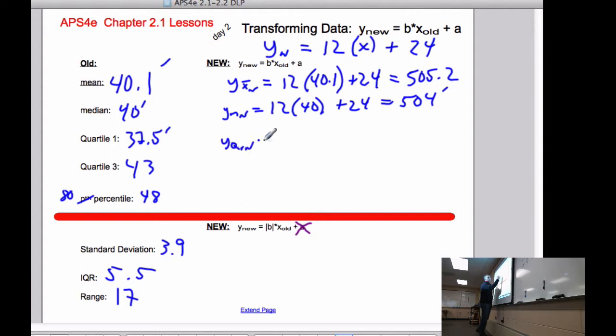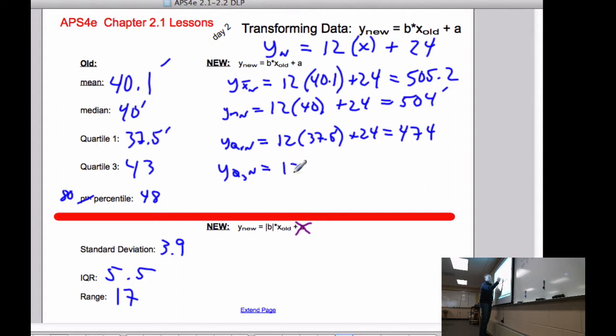Okay, so let's do Q1. That is new, 12 times 37.5 plus 24. Anybody got it? 474. 474 is our quartile 1. How about our quartile 3?